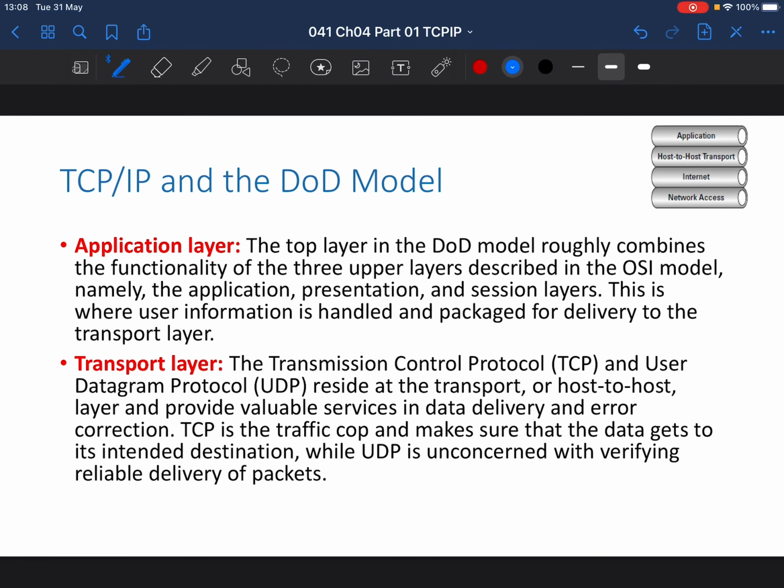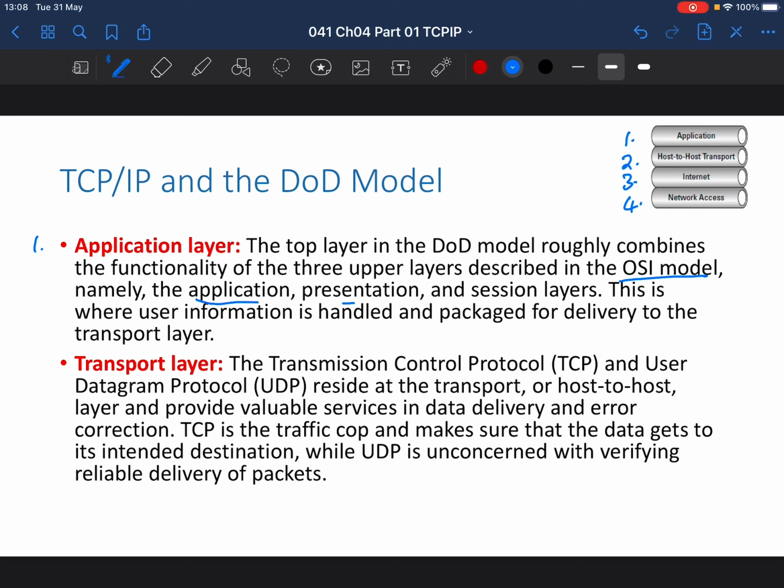TCP/IP and the DoD model. So we have discussed the four layers just now: first, second, third and fourth. First is the application layer. The top layer on the DoD model roughly combines the functionality of the three upper layers described in the OSI model, namely the application, presentation and session layers.